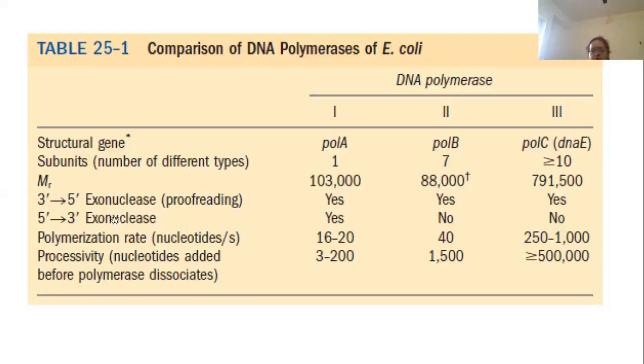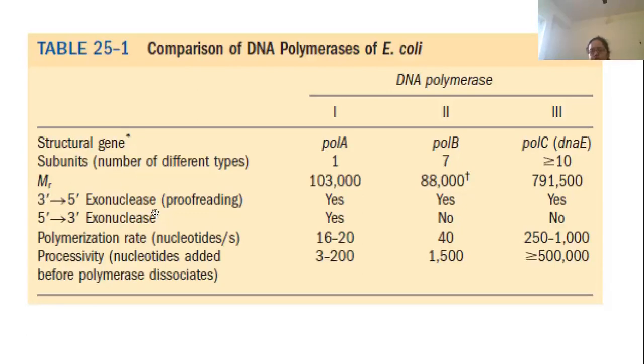Now another activity which is inherent to DNA polymerases 1, 2 and 3 is their 3' to 5' exonuclease or proofreading activity. Why do they have this proofreading activity? In order to ensure that the replication process is proceeding correctly.